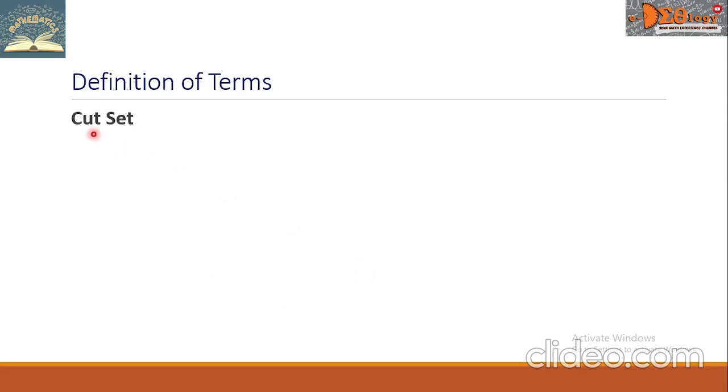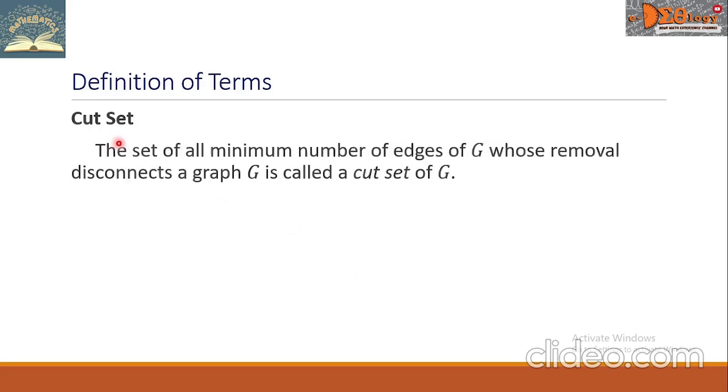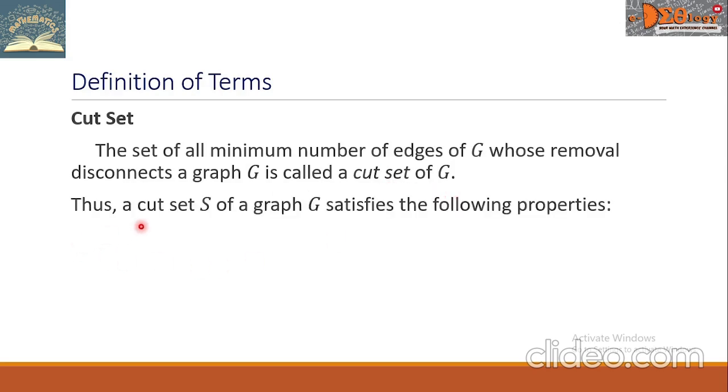Let's define cut set. The set of all minimum number of edges of G whose removal disconnects a graph G is called a cut set of G. Thus, a cut set S of a graph G satisfies the following properties.